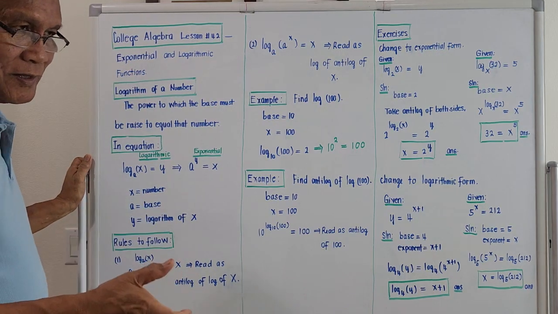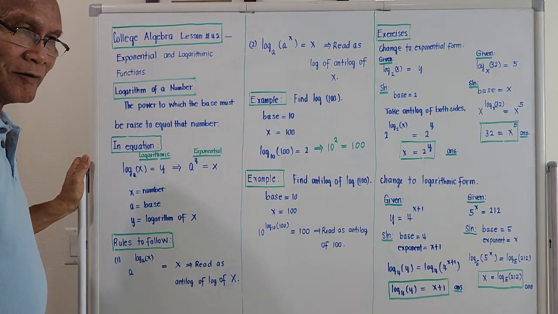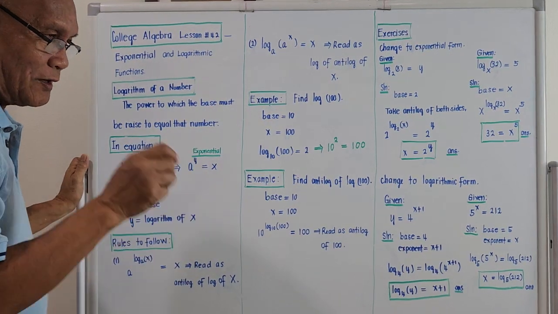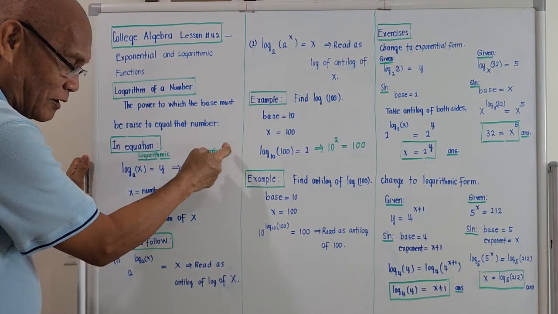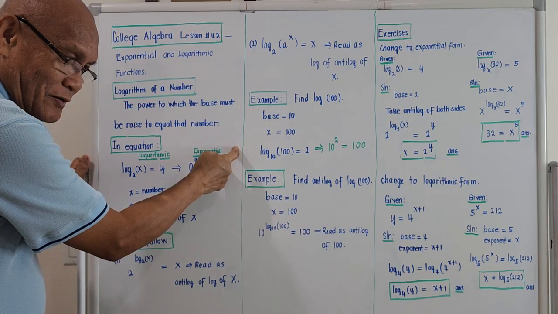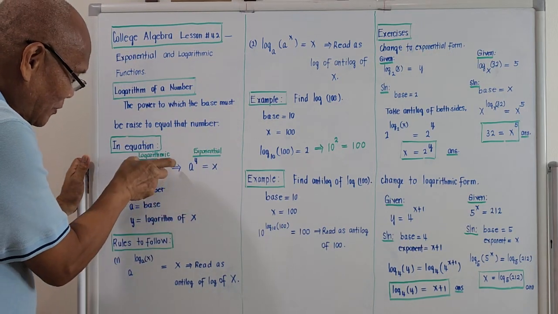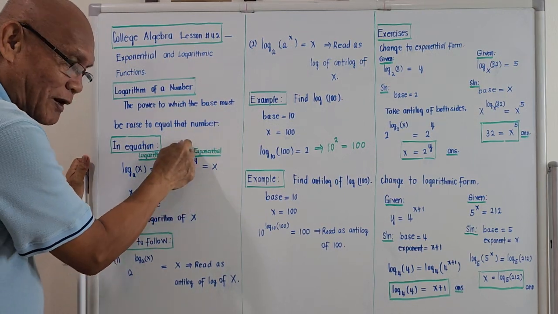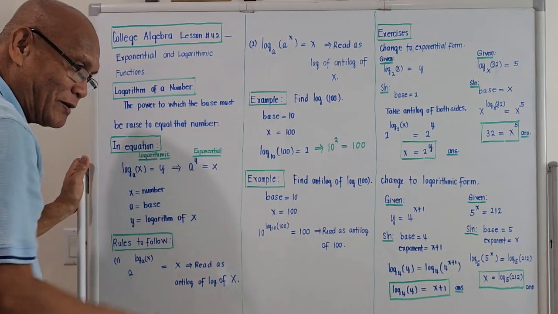If you hear the term logarithmic, there's a relation function of it, and that relation is actually the exponential relation. For a logarithmic function, we could take the equivalent exponential form of that one.